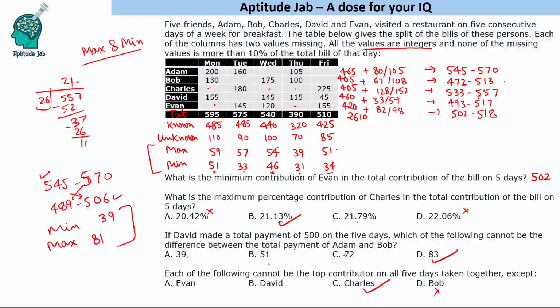Now if you see B, D and E, even if they contribute the maximum possible, they cannot reach this value. So we can have that Charles is the top contributor, Adam as the second highest contributor. That is how we will solve this question. So Charles is the only possible contributor who could be the top contributor among these four options. So that is the solution of this set and the answers to the questions.